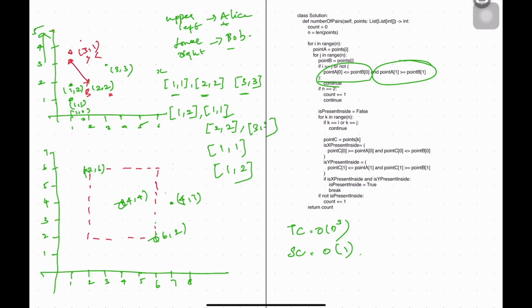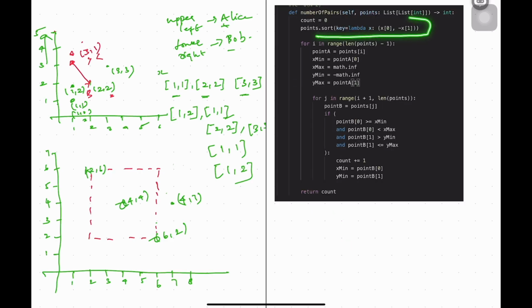Now maybe if you just run through the example, we'll have a better idea. As we discussed, I have told why we are going with ascending and why with descending. By descending value, because as we saw yesterday, for any points A and B, A should be upper left and B lower right.